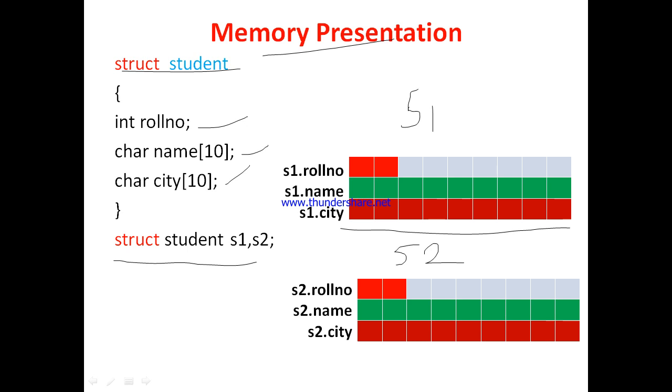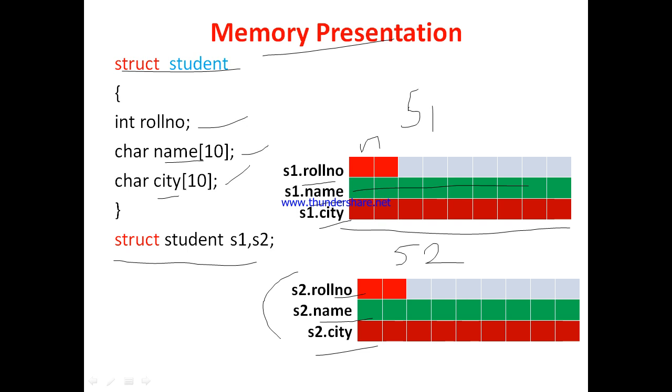Here the roll number memory location is accessed using s1 dot roll number. The name memory location is accessed using s1 dot name, and the city memory location is accessed using s1 dot city. Same for the second structure variable: roll number is accessed using s2 dot roll number, name is accessed using s2 dot name, and city is accessed using s2 dot city.